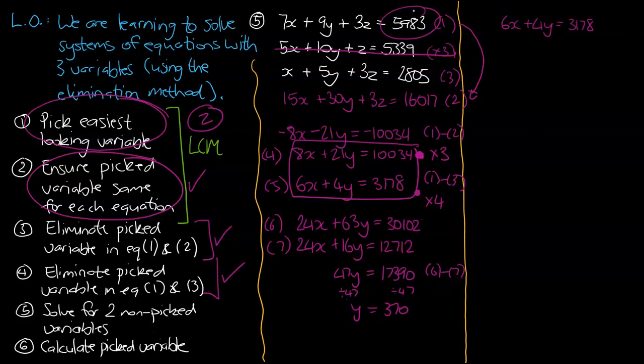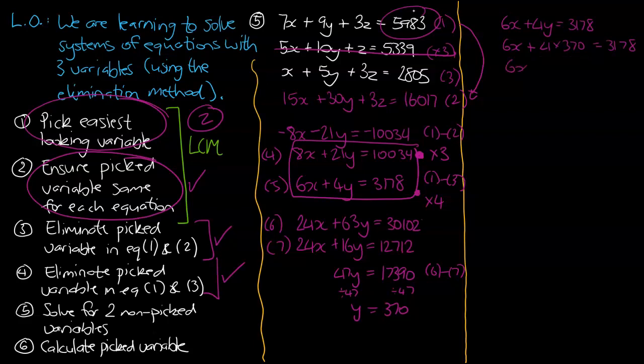Oh gosh, sorry, there's only a plus there. So it's 6x plus 4 times 370, and that is equal to 3,178. I can now go ahead and do the timesing there, which gets me to 1,480.